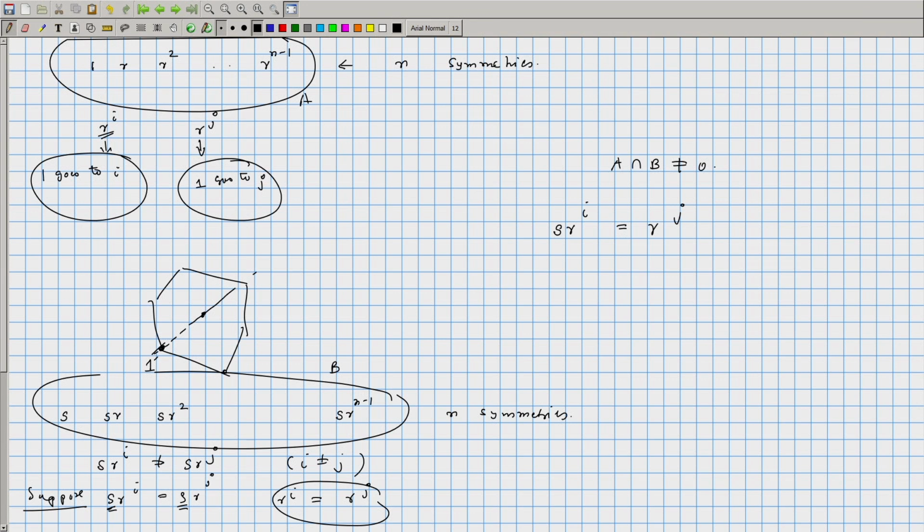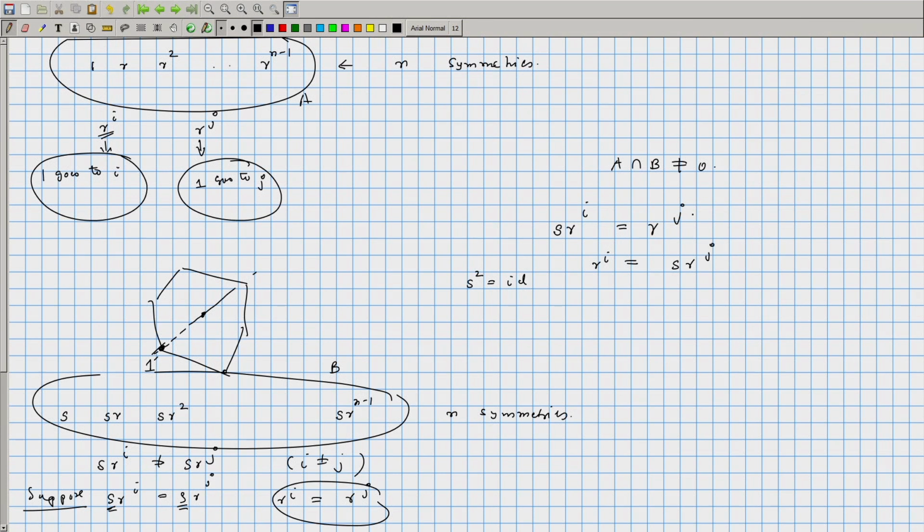Now, if you flip twice, that is the same as the starting permutation. So, S square is going to give you the identity. So, if you have S r raised to i equal to r raised to j, then we have r raised to i equal to S r raised to j.